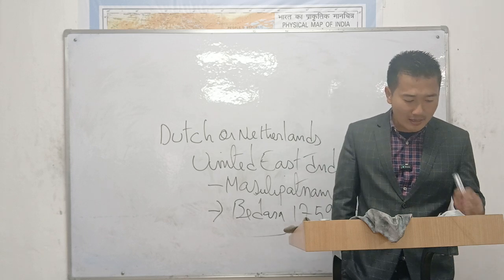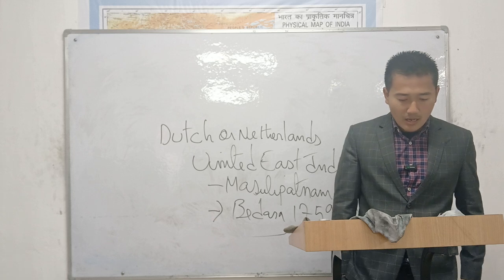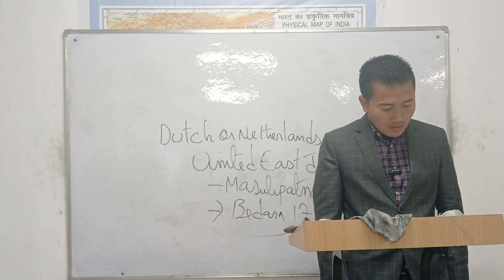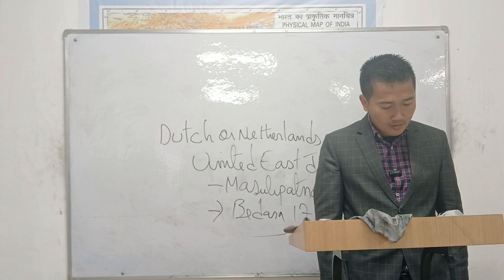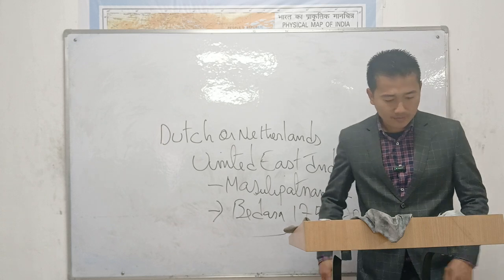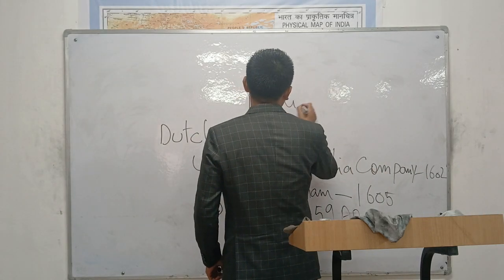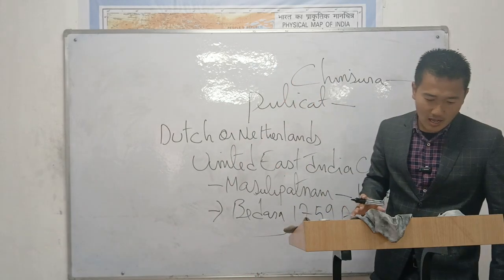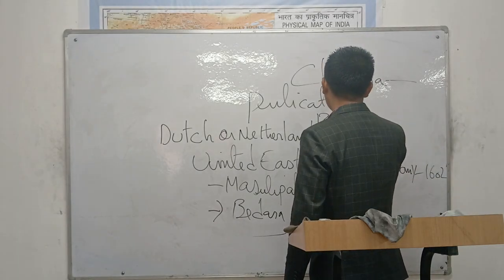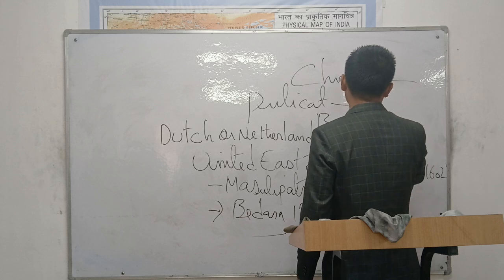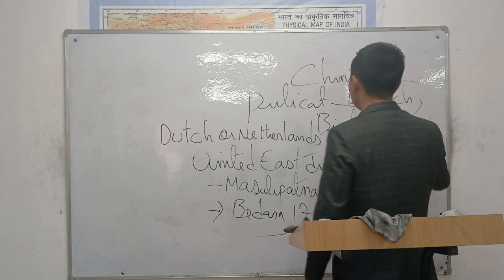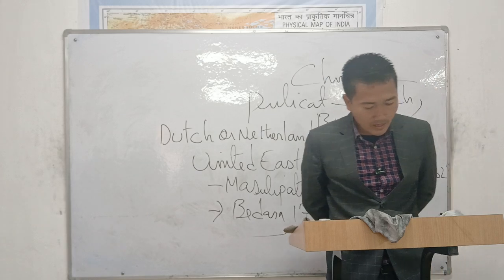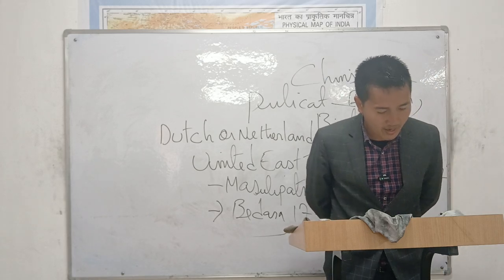The important Dutch centers in India are Surat, Mumbai, Cochin, Pulicat, Chinsura, Nimnipudra, Broach, etc. The important Dutch centers in India are Cochin, Surat, Broach, Mumbai, Pulicat, etc.